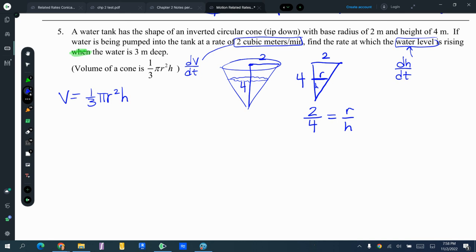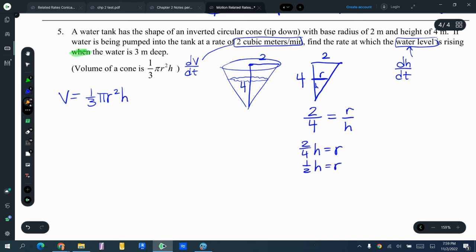I'm going to multiply my h to the other side. I'm going to have 2/4 h equals r, or in this case 1/2 h equals your r. And that's what you're going to plug in for right here. So V equals 1/3 pi times 1/2 h times another h.